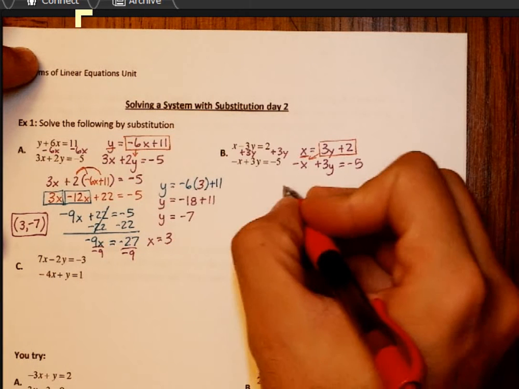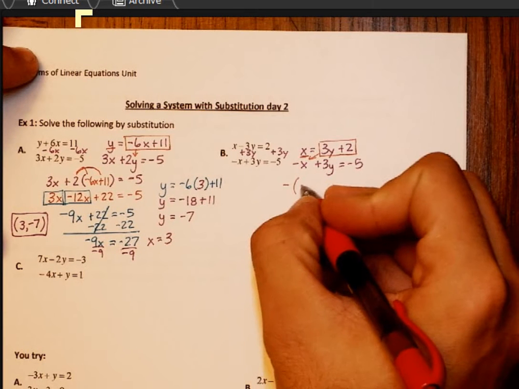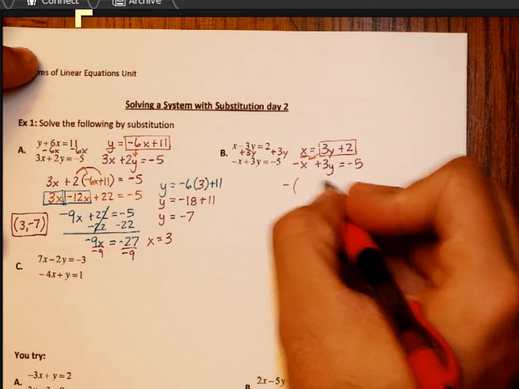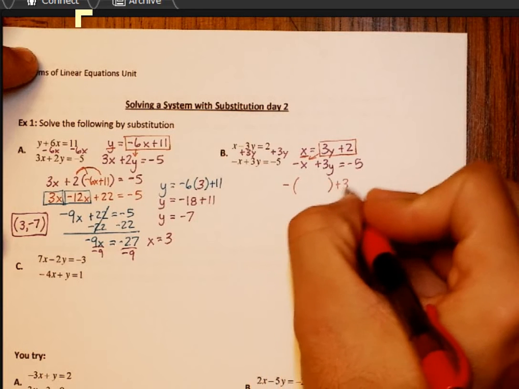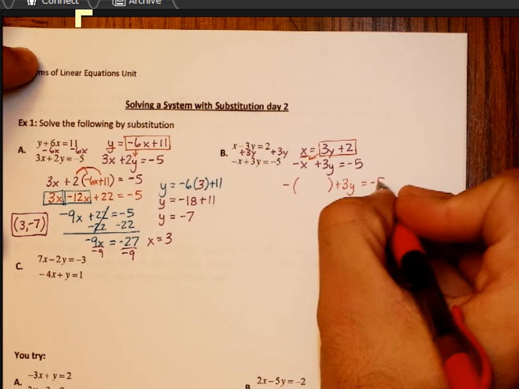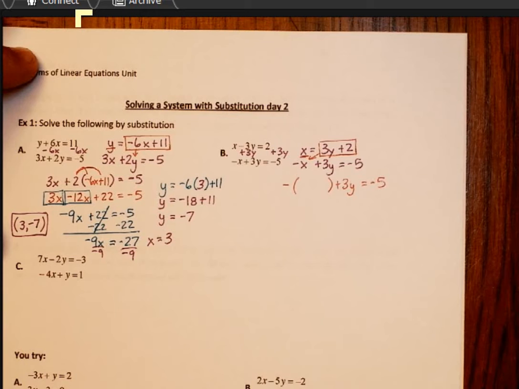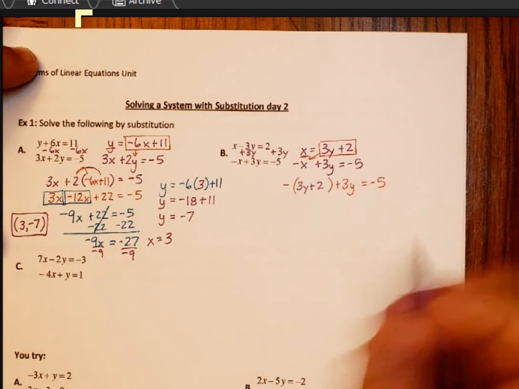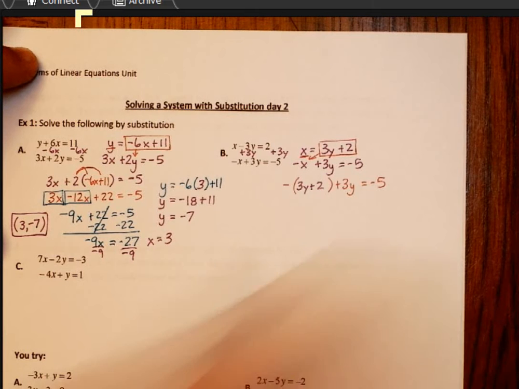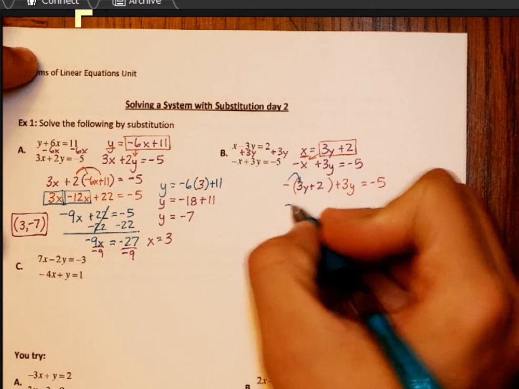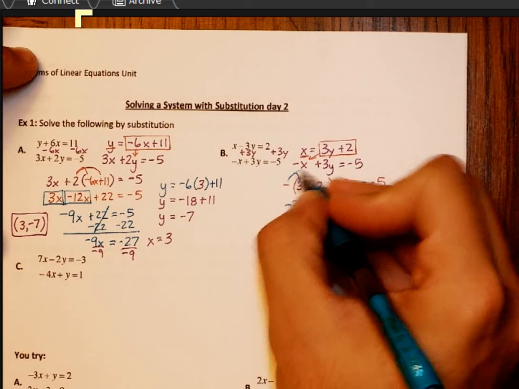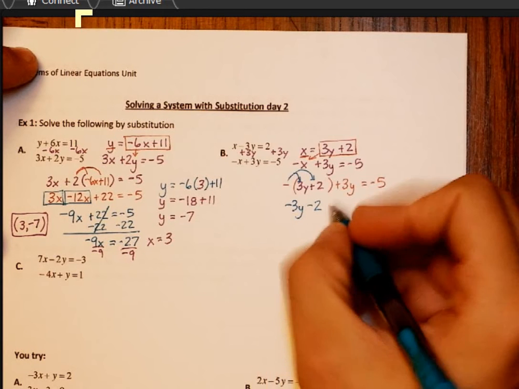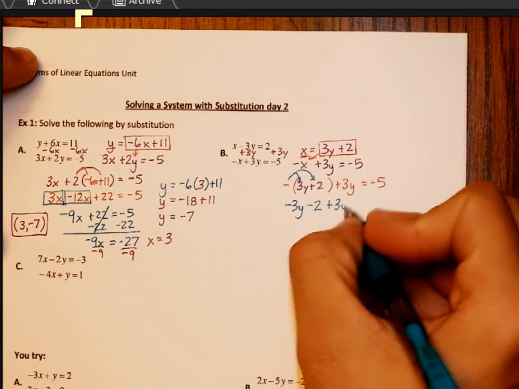So the opposite of x plus 3y equals negative 5. What goes in the parentheses is 3y plus 2. And now I want to distribute that negative. So I get negative 3y minus 2 plus 3y equals negative 5.